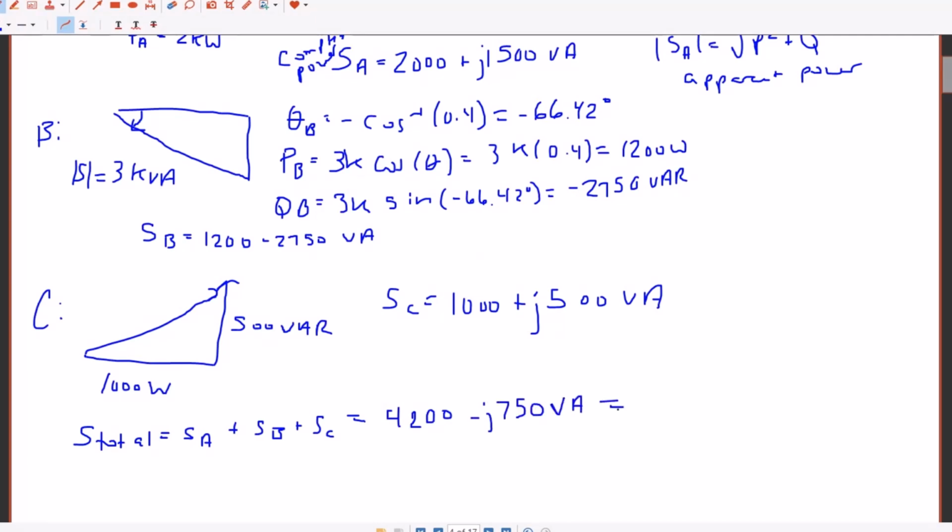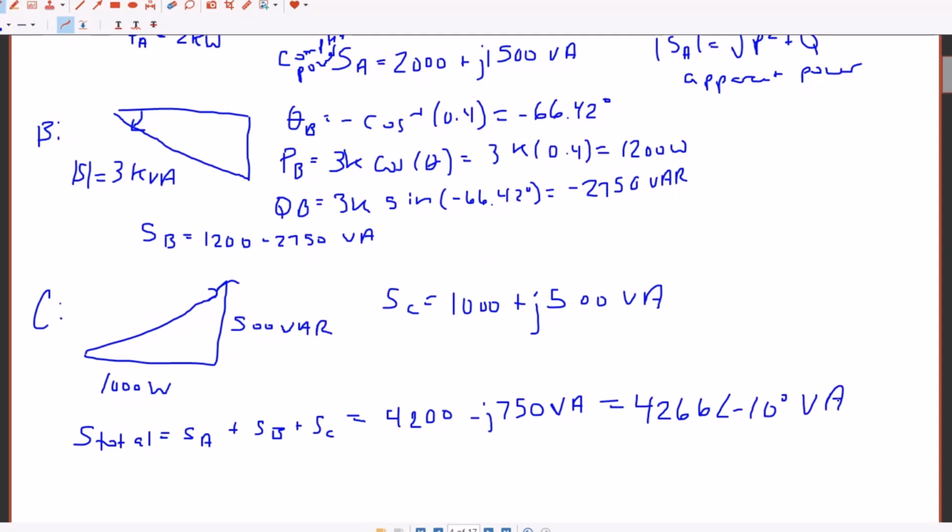So to get the power factor for the load, we're going to convert that from rectangular form to polar form. So 4,200 minus j750 volt amperes converts to polar form as 4,266 with an angle of -10 degrees volt amperes.